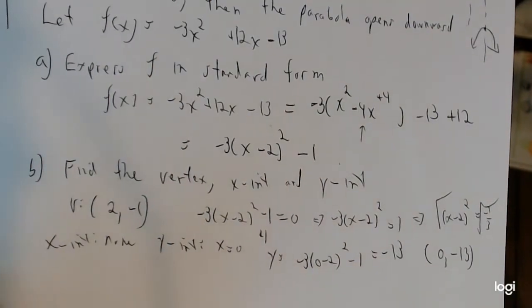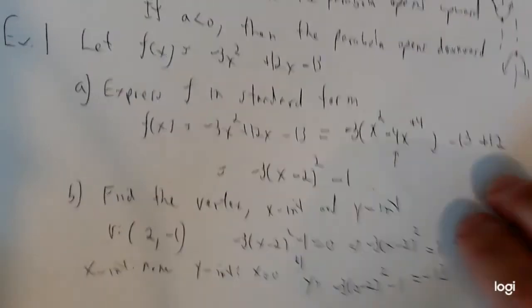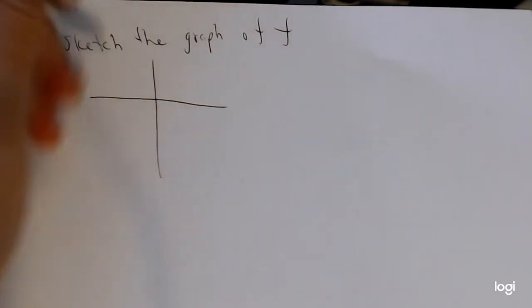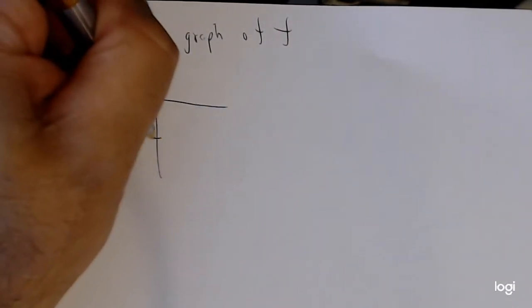So then, let me go to the back page. Part C is saying, sketch the graph of f. And if I'm sketching the graph, what was our y-intercept? (0, negative 13).